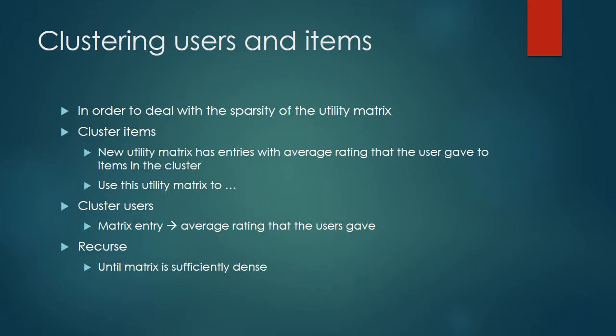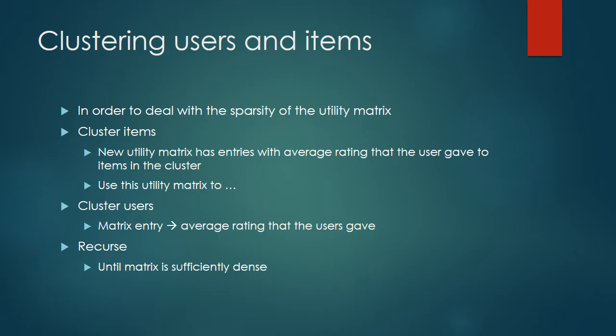In general, you want to do this in a recursive fashion. And going back to the question that you asked in the beginning of the class, we don't know k here, right? So what you're going to try to do is to build this hierarchically. We started off with n items and m users. I'm going to first cluster the items. So going from n, maybe I choose n by 2 clusters or n by 4 clusters, something which is very, very conservative in terms of how much I'm grouping together.